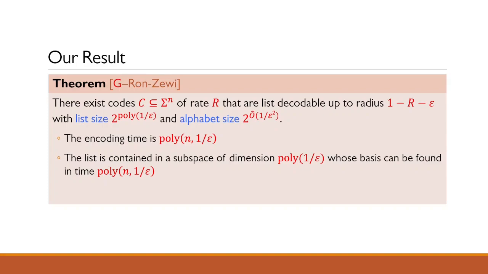And if we want to output the whole list, we can just enumerate all members of this subspace and check if each of them is in the list one by one, and this takes time 2 to the poly(1/epsilon) times poly(n). So this is the time complexity of the list decoding algorithm. And this is our statement of result.